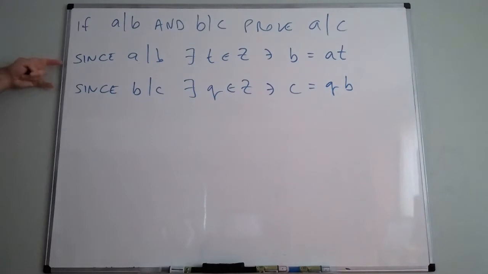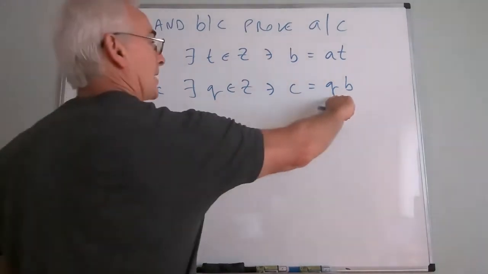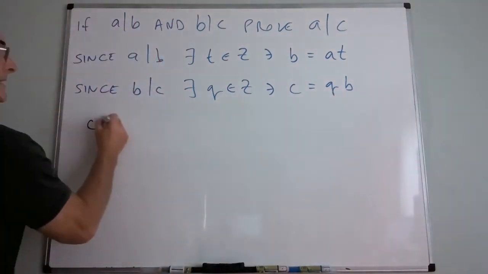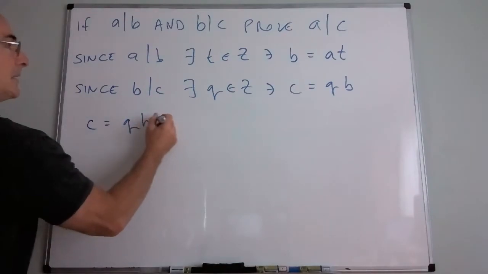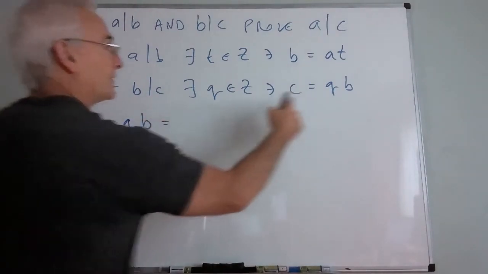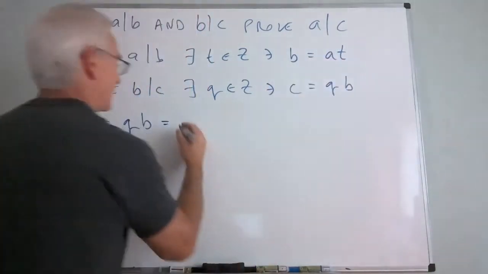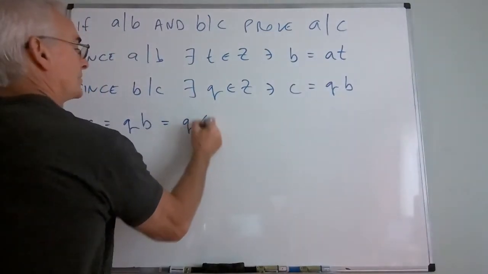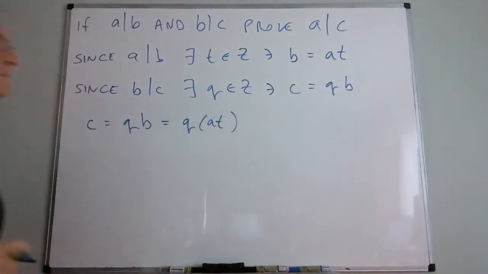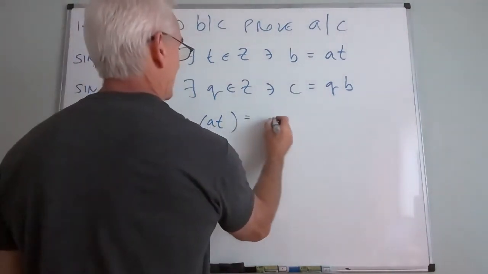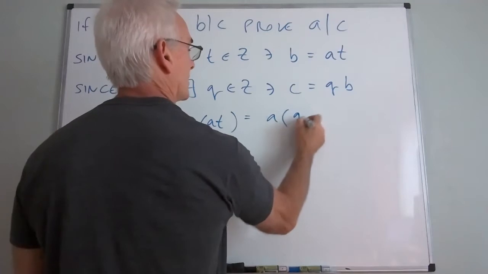These two statements right here are straight out of what the definition of divisibility means. So now let's go to this statement right here. C equals Q times B, but what does that equal? That equals Q times A times T. Which is, how about if I rewrite that as A times QT?